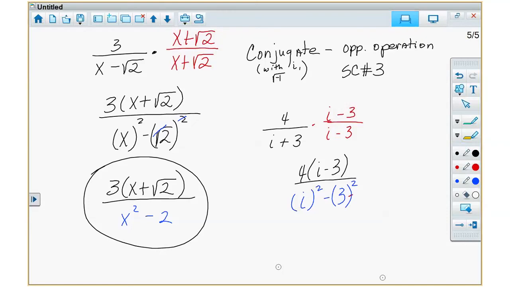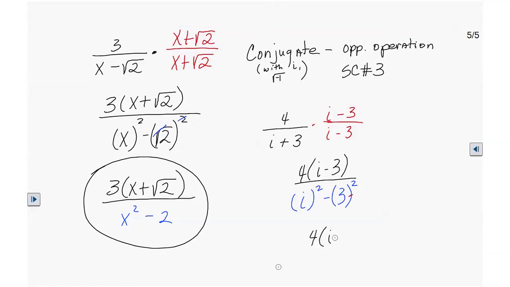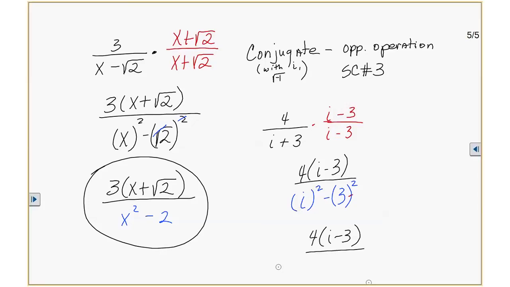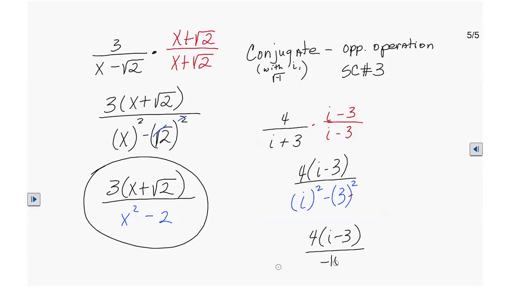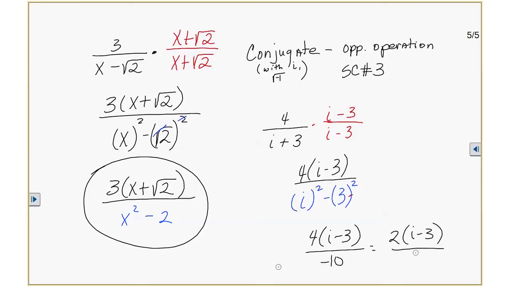So that's going to give us 4 times i minus 3. And what's on the bottom? Negative 1 minus 9, which is negative 10, and you can reduce that to 2 times i minus 3 over what? 5.